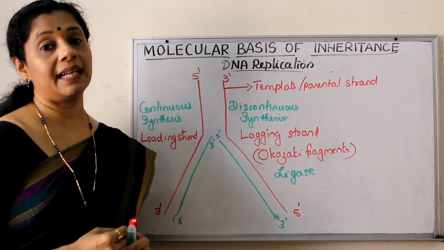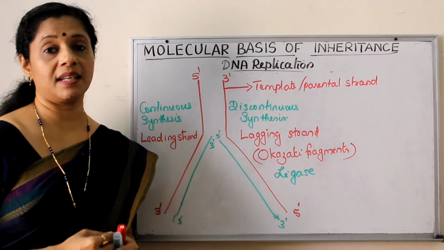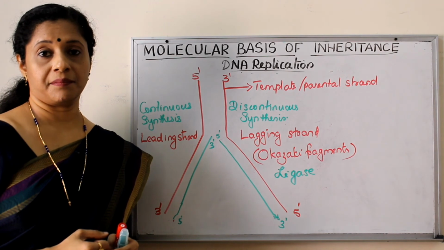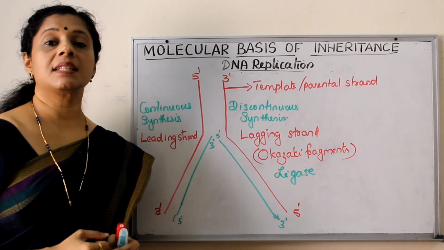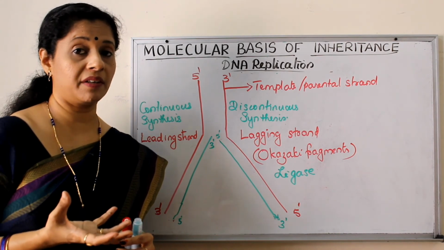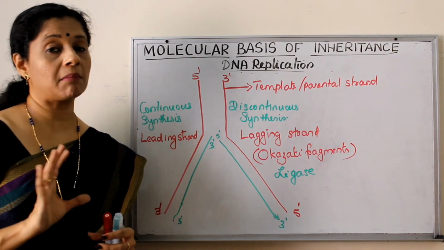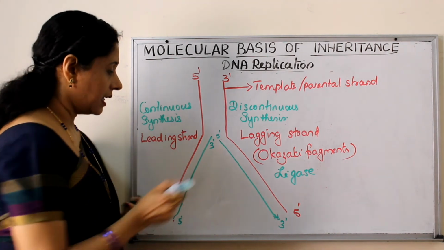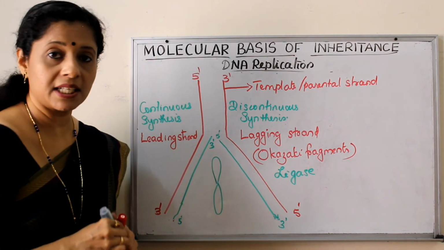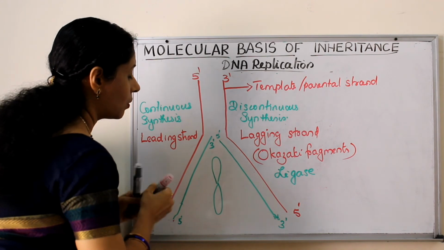Apart from this, the damage repair system is also present in our cell. If the cell is undergoing replication, but after that the cell is not dividing, now the nucleus has double the amount of DNA, but chromosome number remains the same. That is, if the chromosome was like this, after replication what happens? It has one more arm.